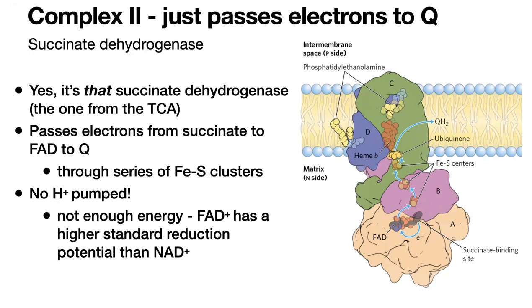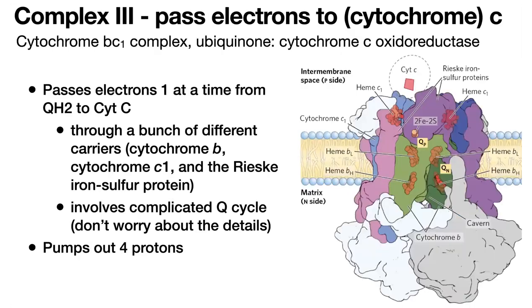Why aren't we pumping out protons? Well, if we think back to the energy of our FAD versus the FADH2 versus the NADH, remember that our FAD had this higher reduction potential, which means that it's going to have less of a difference in reduction potential between it and Q than there would be between NAD and Q. And therefore, we're not going to get as much energy from this pass off, but we still are going to get that ubiquinol.